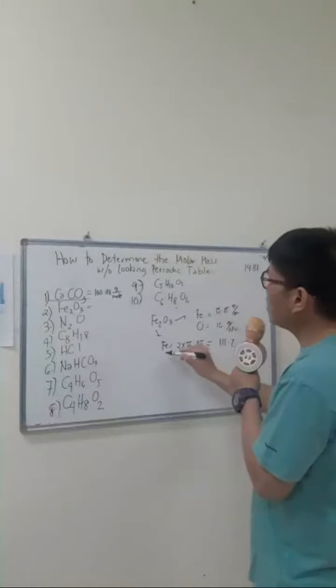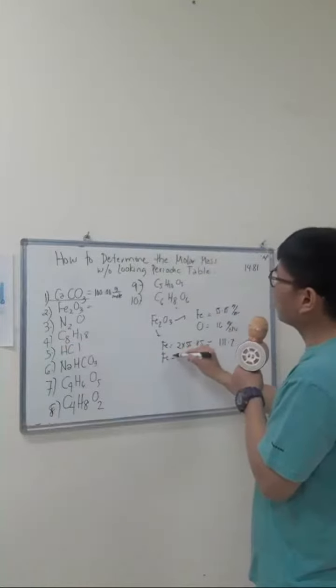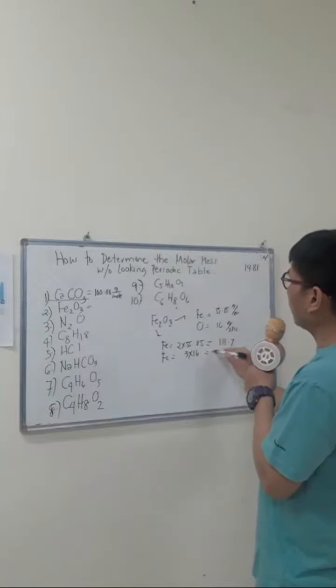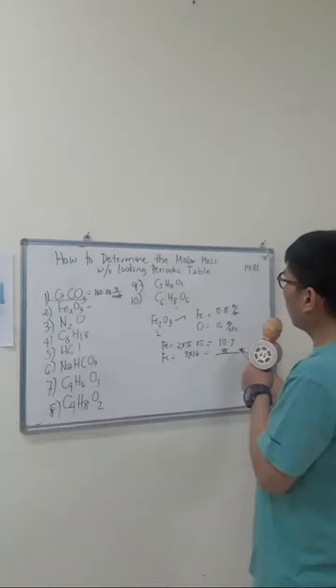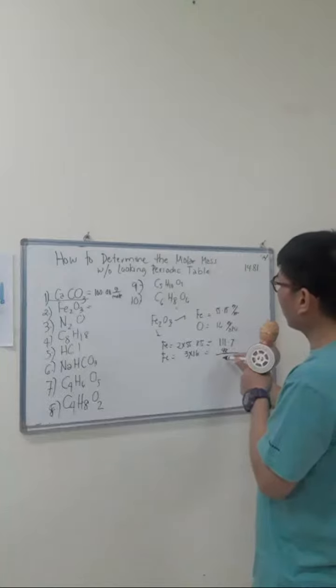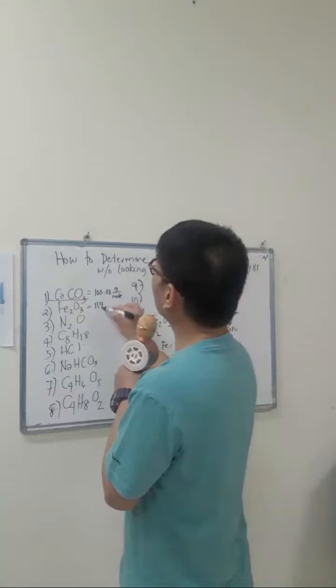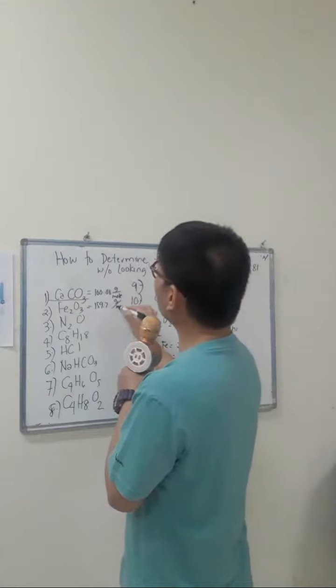Now, oxygen has a subscript of 3, then 3 times 16 is 48. Now, 111.7 plus 48 is going to be 159.7 grams per mole.